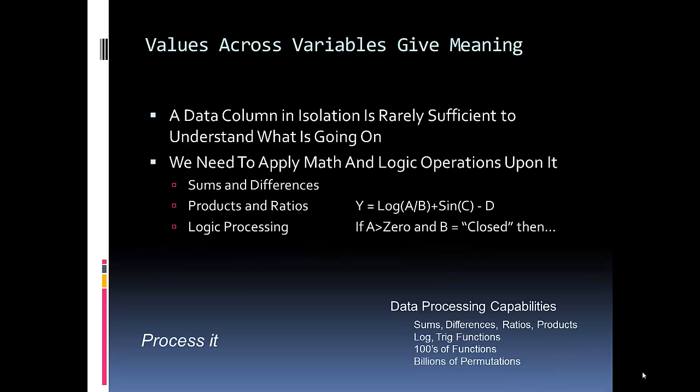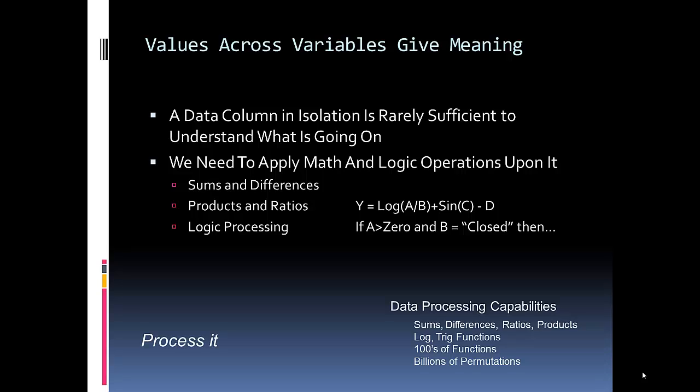Also, values across variables give meaning. In other words, a singular data column in isolation is rarely sufficient to understand what's going on in the process. It contains useful information, but usually you want to combine that column of data with other columns of data to derive some result that has higher utility, more information content.